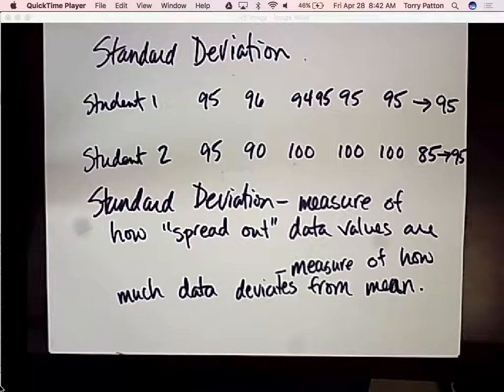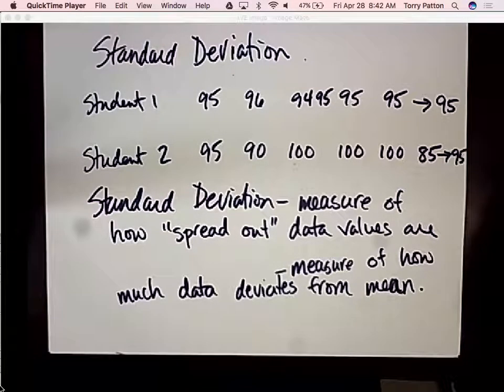So, does student 1 have a higher or lower standard deviation than student 2? Lower. Student 1 hardly deviates, so they would have a very low standard deviation. Student 2 jumps all over the place, so they would have a really high standard deviation.